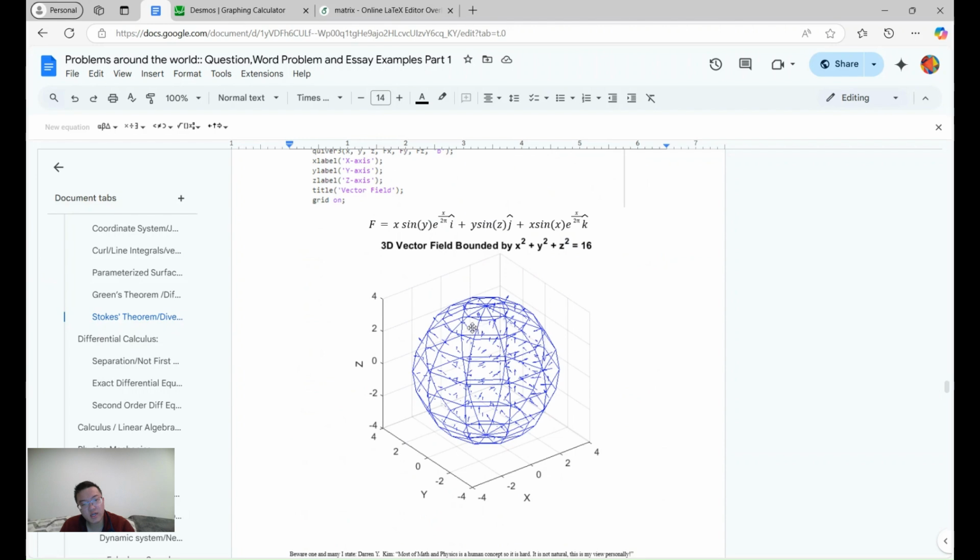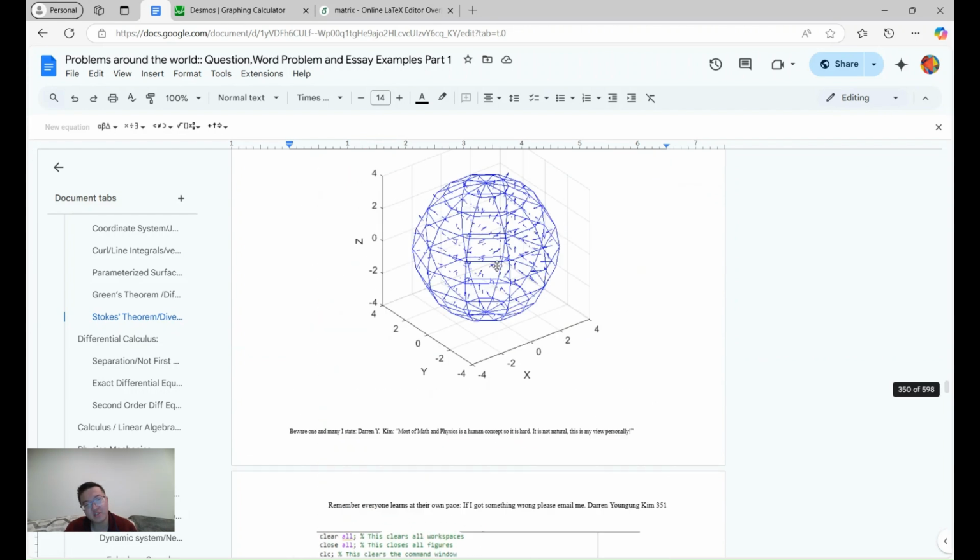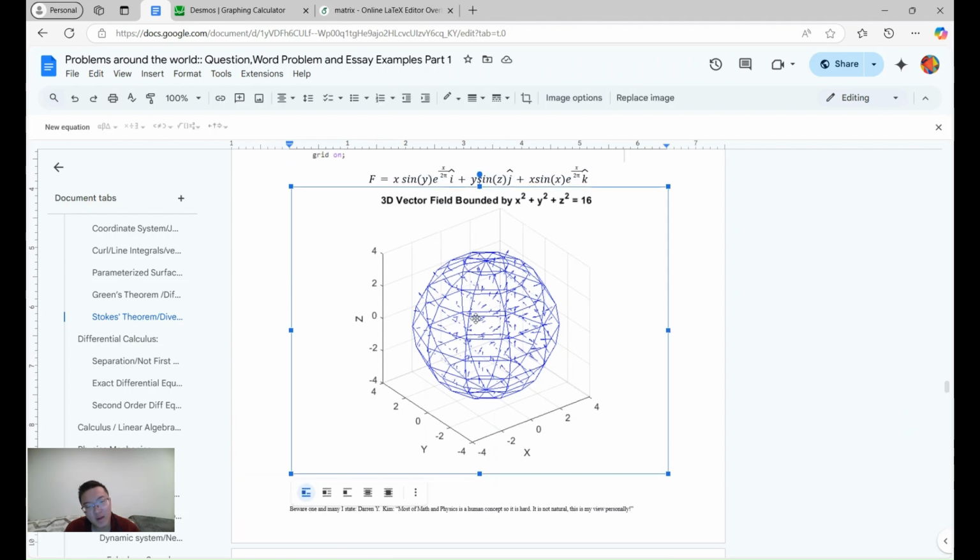So you can see the actual visualization, and I still don't know if this is correct because something is suspicious. Looking at this equation visually, it doesn't look like it would go down to zero. It looks like there are arrows going outwards and then arrows going inwards, and they have to cancel out to give zero.